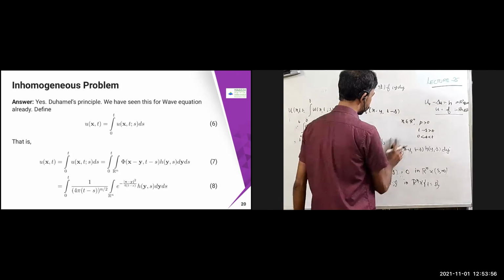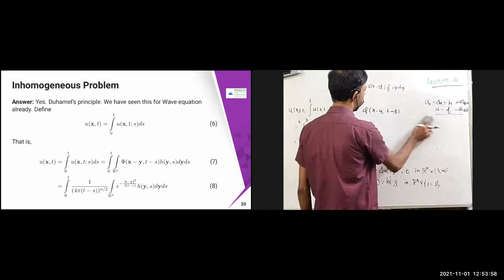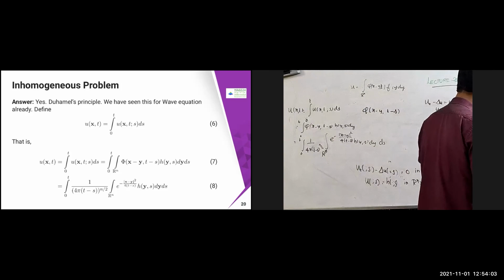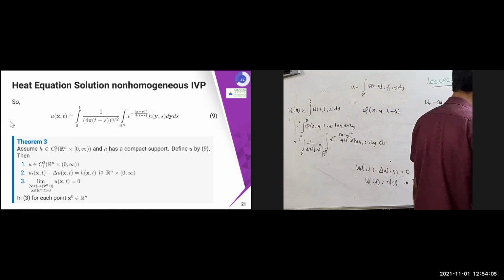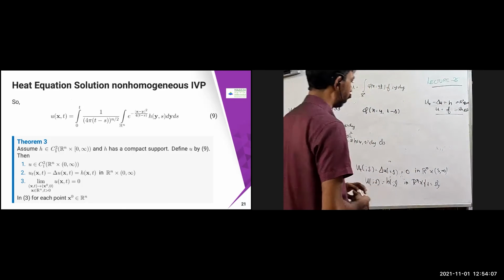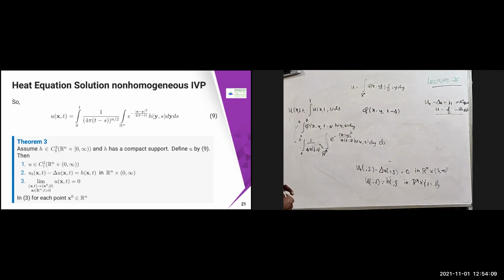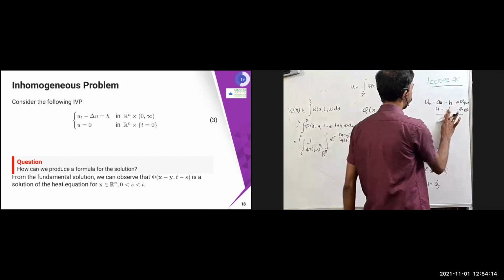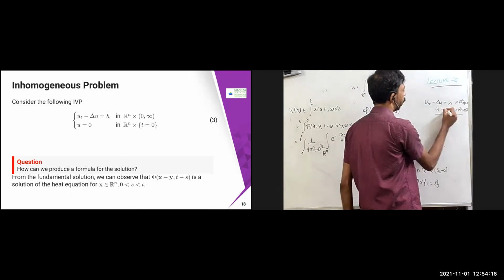So this is going to be the solution for this equation, with k of y comma s. Now we have to prove, sorry, here actually not f, here it is k. We are trying to solve this problem.